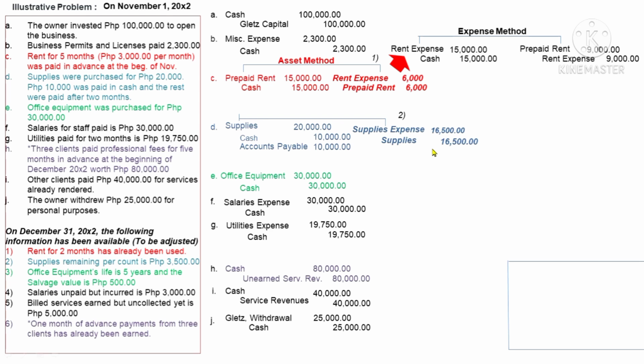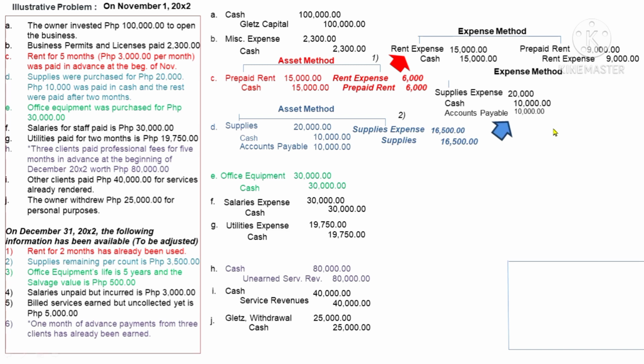But then again, in the last video, or episode 5 on adjustments, I emphasized that supplies is also a deferred asset, so it can also be accounted for using either the asset method or the expense method. What we did here is what we call the asset method. But if we use the expense method, the initial entry will become debit supplies expense of 20,000 and then credit the same cash 10,000 and accounts payable of 10,000.